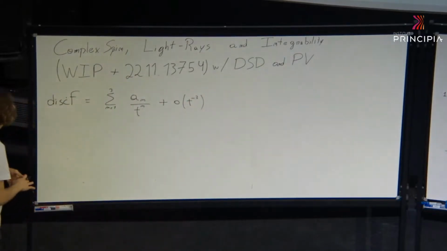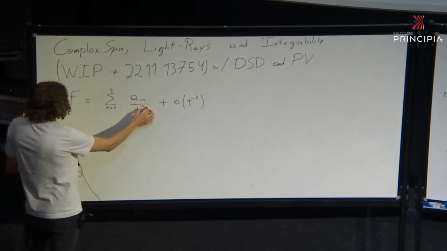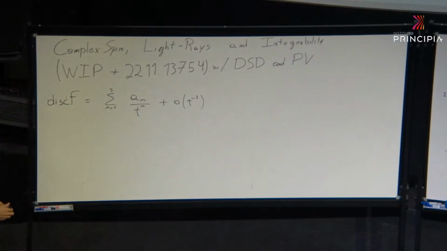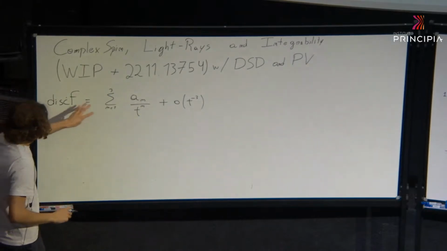So we can compute this to very high precision. So we can determine that this is really an integer, and we can compute this residue very well from the data. Now, what does this asymptotic mean?